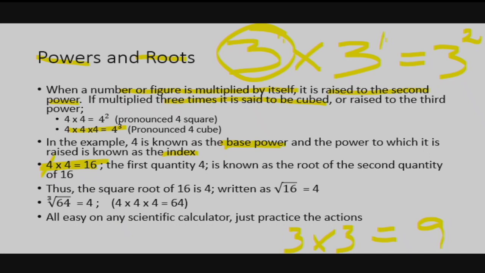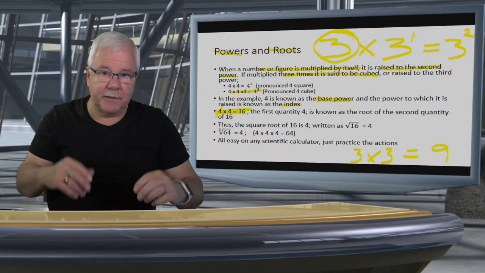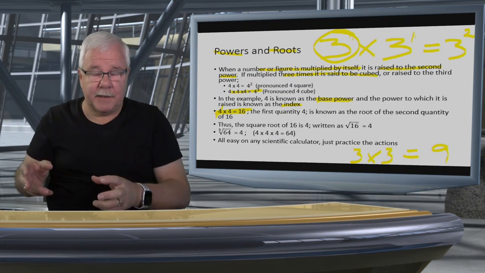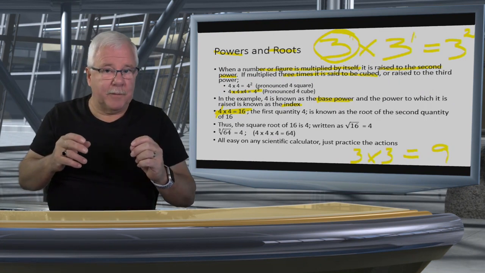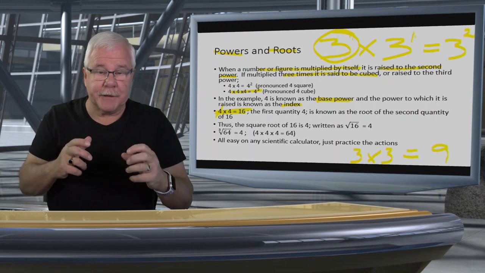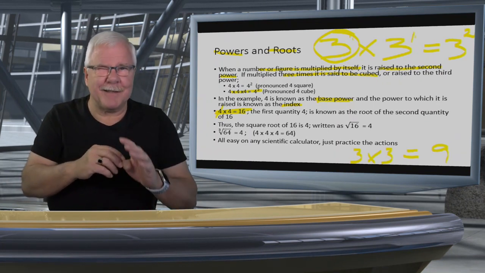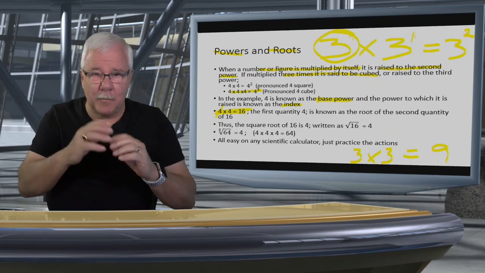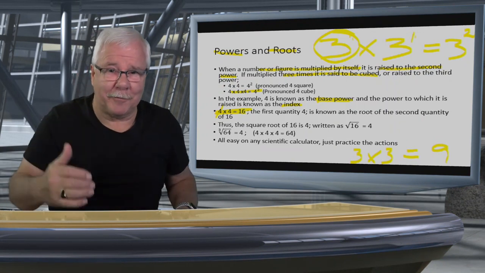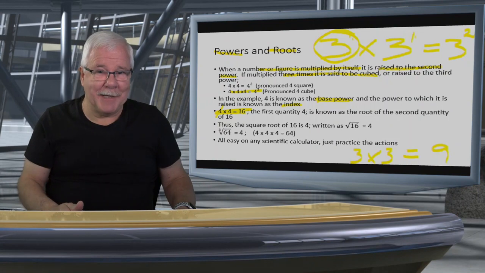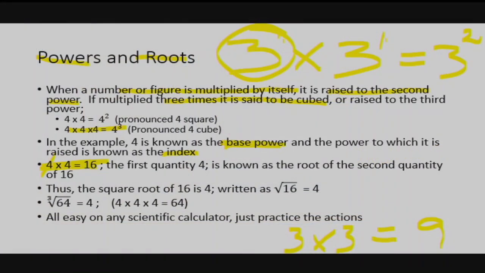I didn't have to say 3 squared, but 3 squared would have been the same, because it would mean 3 times 3, and 3 times 3 is 9. But if I want to work with very big figures, like to the power of 27, I'm not going to say 3 times 3 times 3 times 3 and work it out. What is it to the power of 27? Okay, so let's use it in the easy way.